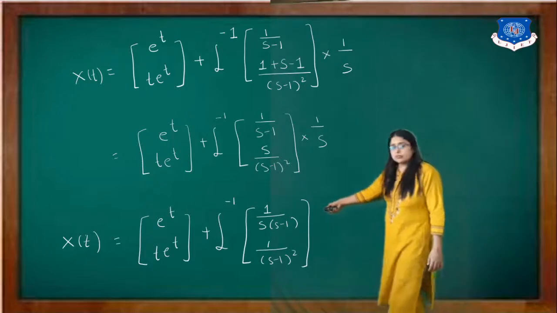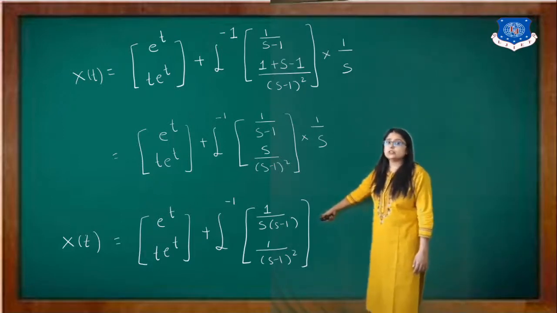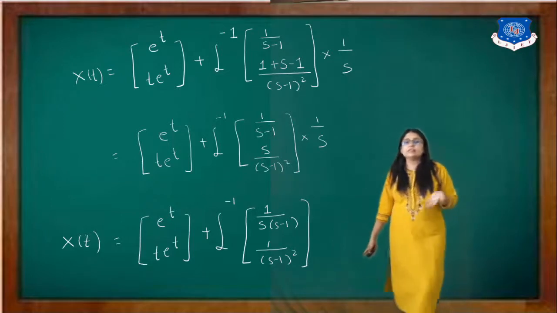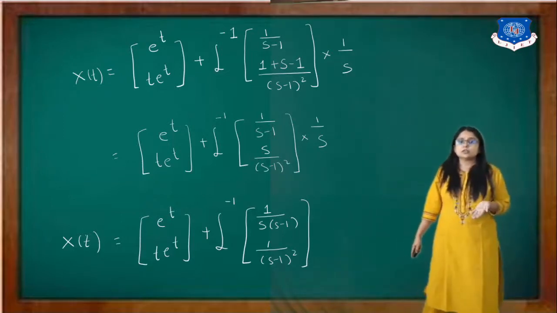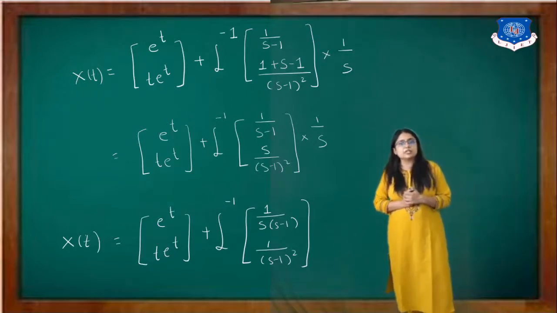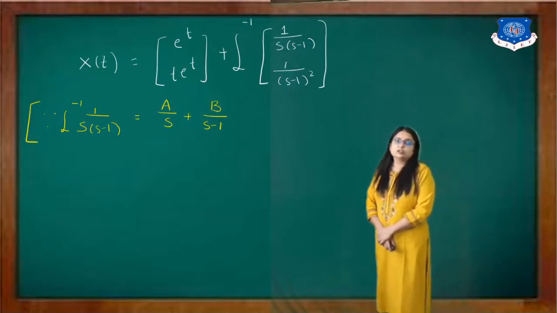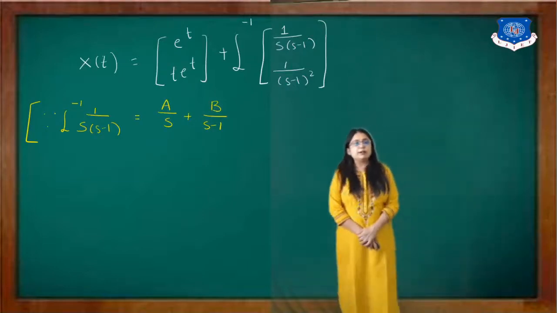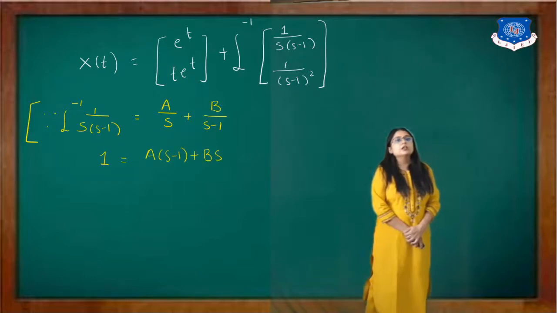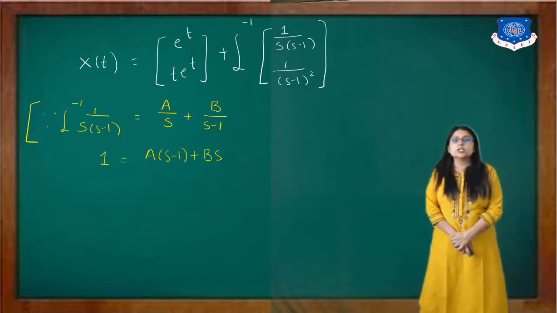Now is it possible to directly write down the inverse of this? No, we don't know the direct inverse. But yes, we know the direct inverse of 1 upon s minus 1 whole square. But to find out the inverse of this, we will use the method that is partial fraction. So a by s plus b upon s minus 1. So here what we have? 1 equals a into s minus 1, plus b into s.